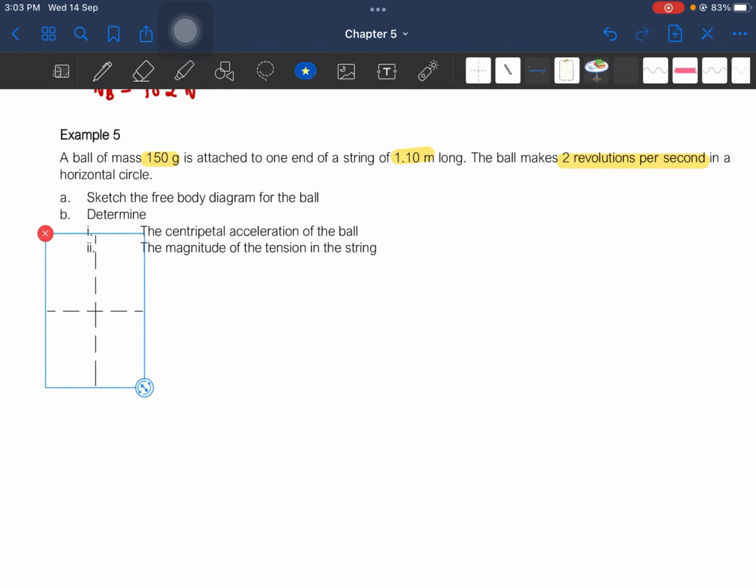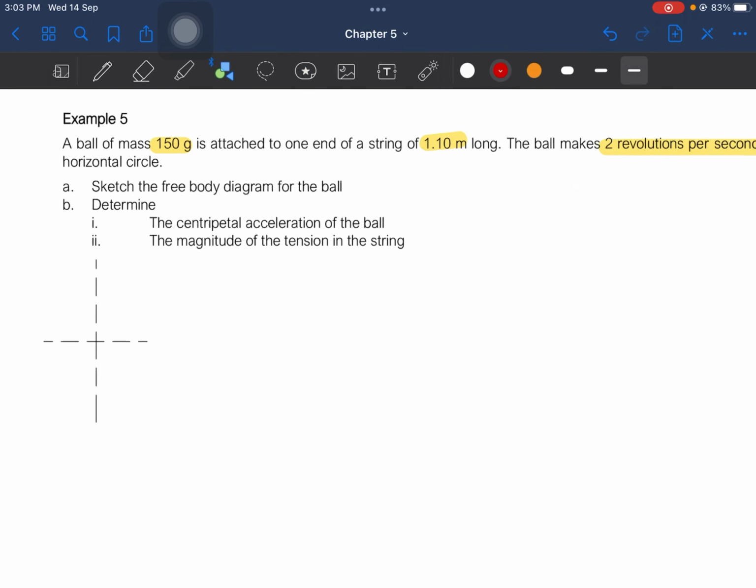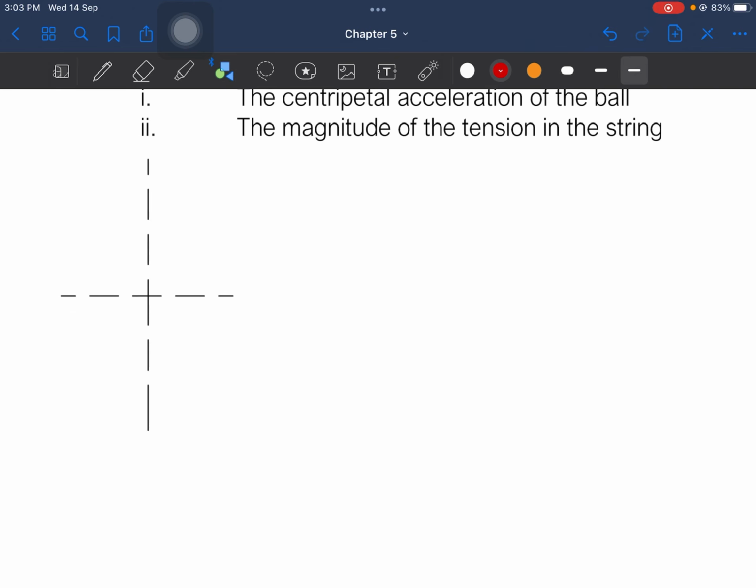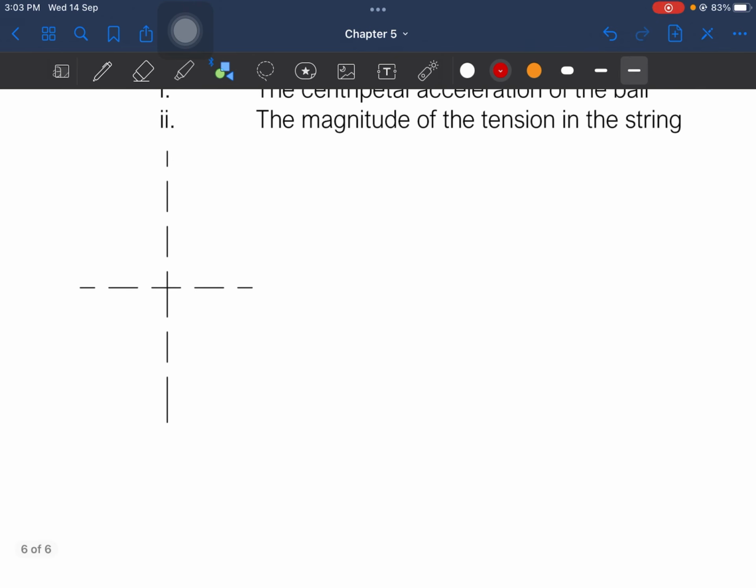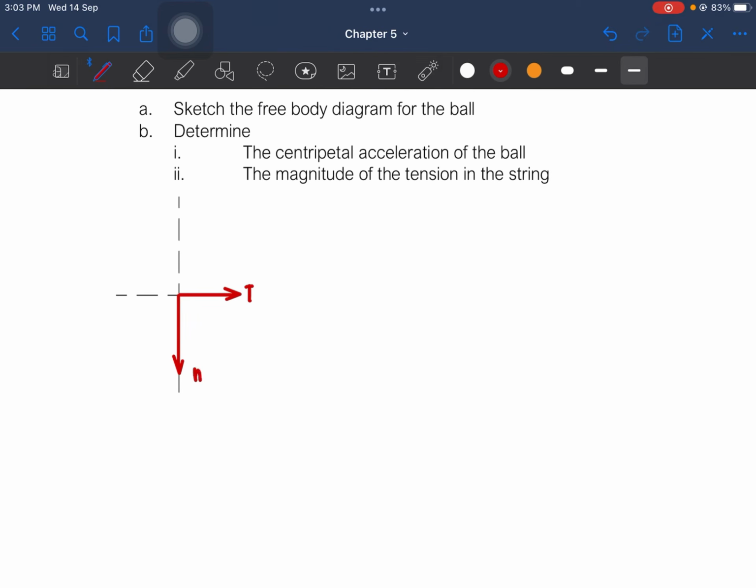Since no image is given, no diagram is given, you can just directly decide lah tension tu mau pergi kanan ataupun pergi kiri. So asalkan you know that anything that follows the direction of radial acceleration will be positive. Okay, so that is T, this is mg. So let's draw the radial acceleration is that way. Okay, so center of the circle sini lah gitu.